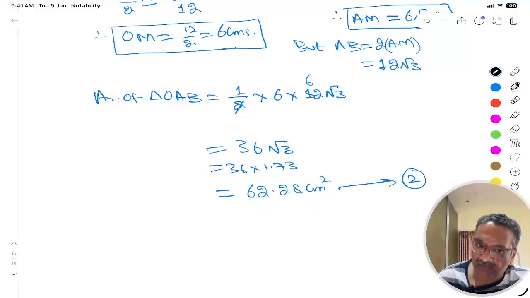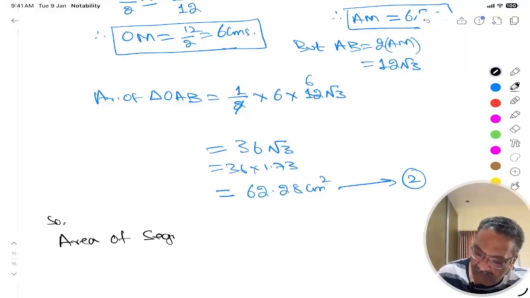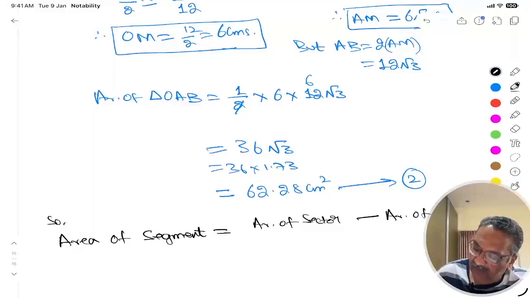Now what we have to find is the area of the segment. The area of the segment will be equal to the area of the sector minus the area of the corresponding triangle.